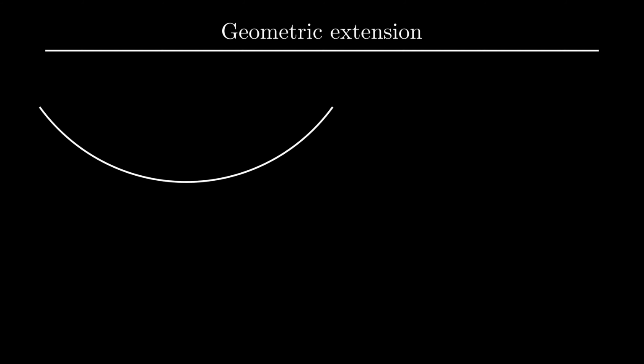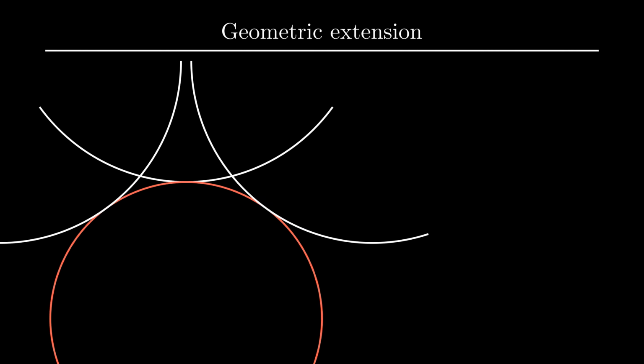To see this, let's say we want to extend our hypergraph through this white circle. We put a small circle next to it and we rotate this white circle around this small circle to get several copies of the edge.